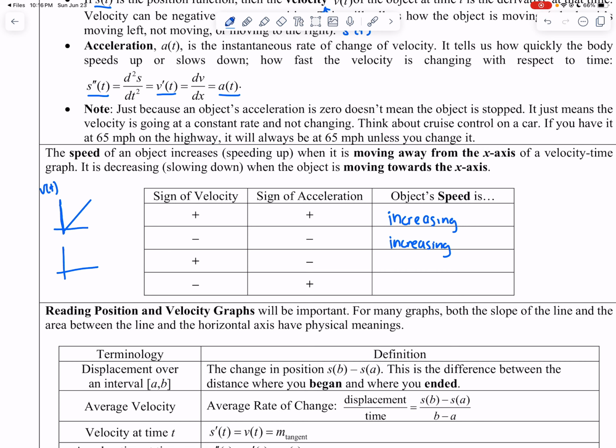Likewise, if my velocity is negative here, and I have a negative slope, this is going to tell me that my acceleration is negative. And notice how this right here, it's moving away from the x-axis.